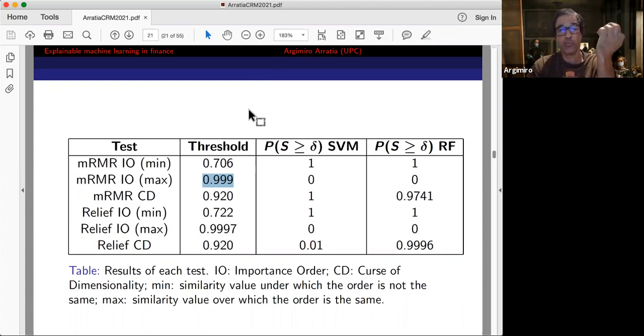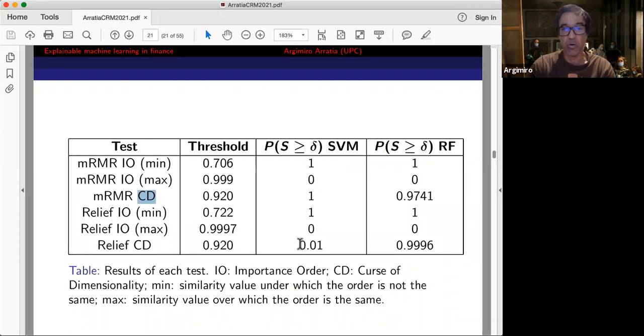In the case of test three, which keeps the number of features from being too large, in line with the dimension of the model, only the random forest passed consistency with respect to the relief.